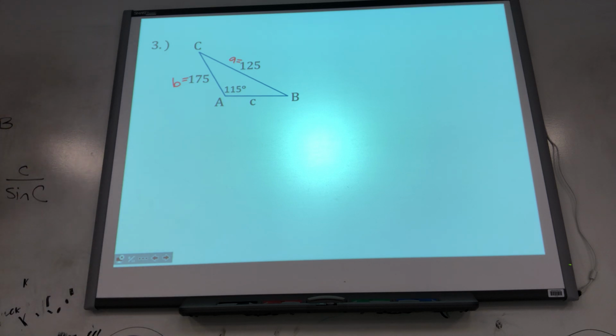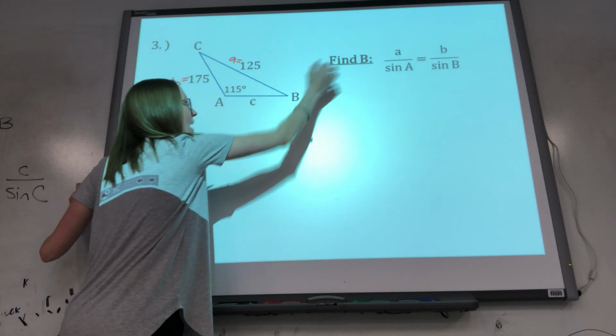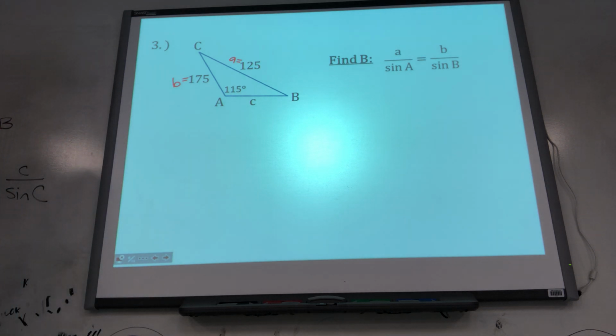All right, so what variable do we know the most about? A's. And what's the other variable that we know a little bit about? The B's. Yeah, so let's pair up the A's and the B's, and this should allow us to find big B. We know little b already, so this should help us find angle B. Here we go again.